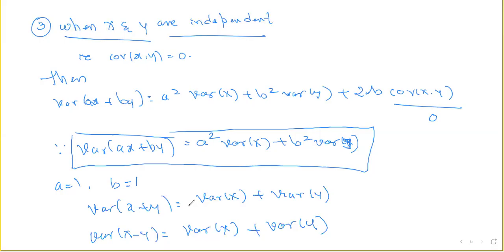So this is the third remark about the properties of variance, or some additional knowledge about variance. Then we have one more, that is the fourth one.